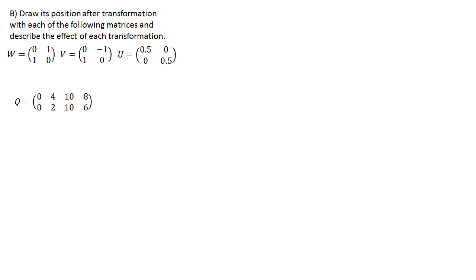Okay, now the question asks us to draw its position after transformation. To do this, we first got to transform Q into W, V, and U, and then describe the effect of each transformation. The first thing we're going to do is multiply Q by the given letter.